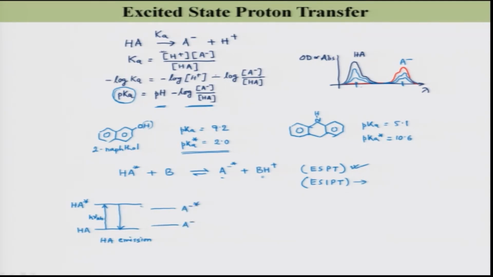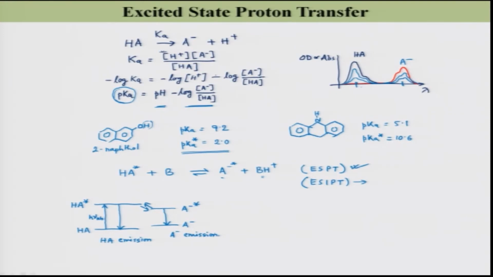So, this proton can be donated from the HA star to A minus star, and then correspondingly A minus emission will be observed. That is what you will see in the experiment.